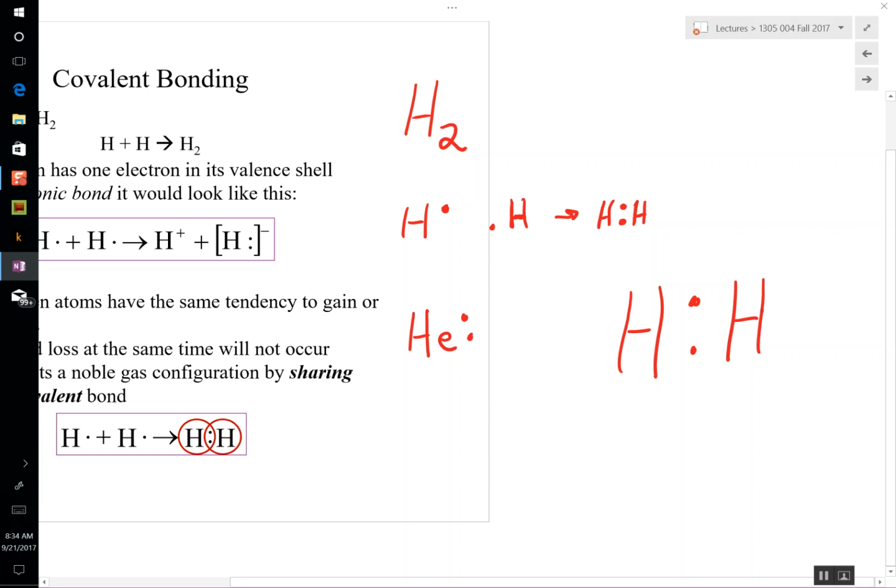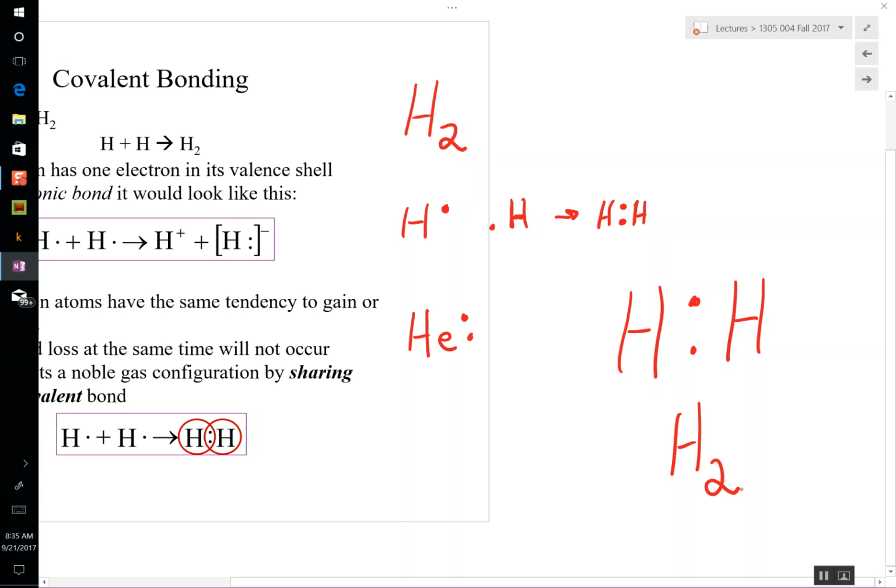So in a sense, this feels like it has 2 electrons around it. This feels like it has 2 electrons around it, even though there's only 2 electrons. Follow me? They're getting to this place by the sharing of electrons between them. And so hence, hydrogen is diatomic.